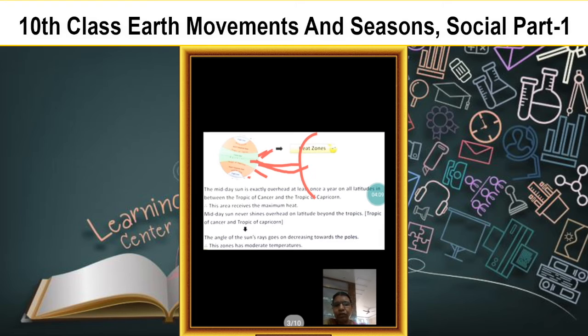Here, the sun's rays fall vertically and it will receive maximum heat. And beyond the tropics, between the Tropic of Cancer and the Arctic Circle, and between the Antarctic Circle and the Tropic of Capricorn, they won't receive the sun's rays at maximum.